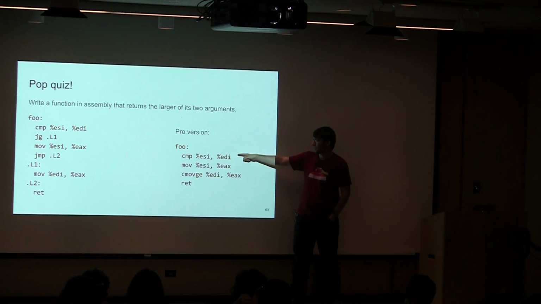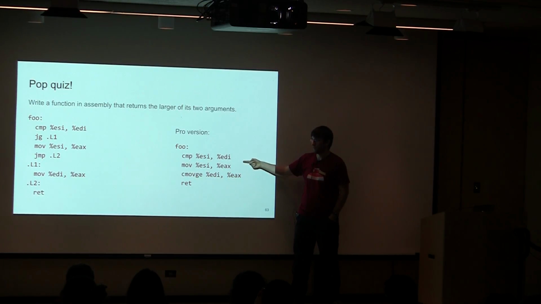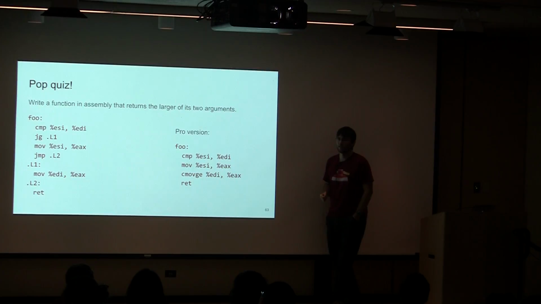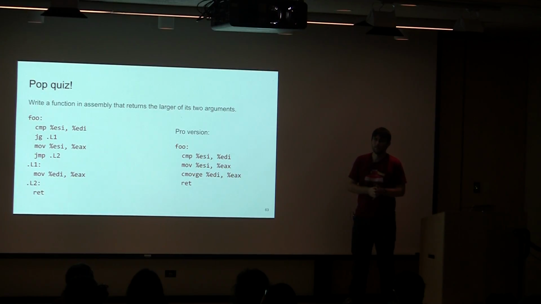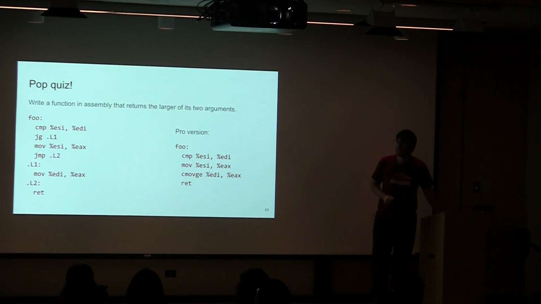So if EDI is greater than or equal to ESI, then it will move ESI in and then it will overwrite it with EDI. But if EDI is not greater than or equal to, then it won't do this conditional move, and so ESI will be left there. So now we have the whole function without any jumps in just 4 lines. So you won't see that on the exam either, but I just thought it was neat.